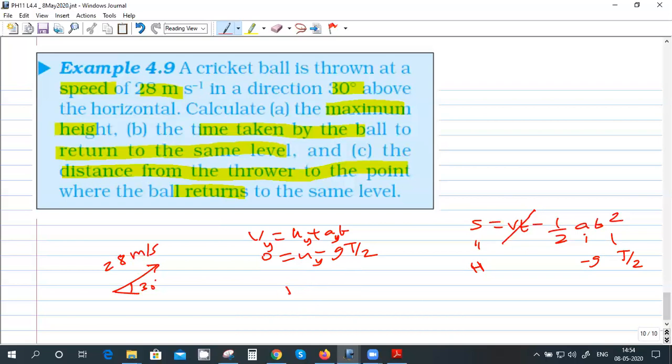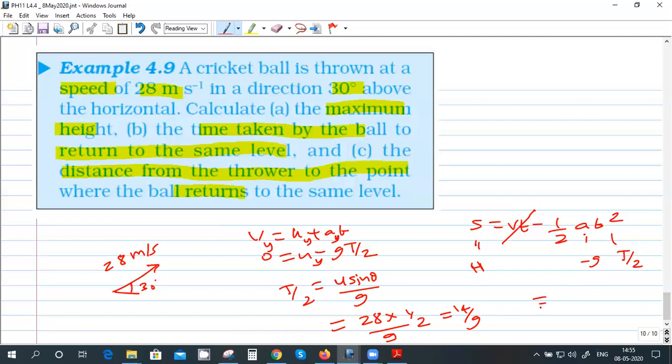So capital T by 2 is U sine theta by g, and U is how much? 28. Sine theta is sine 30, it's half, divided by g. Let it be g only. So it is 14 by g.